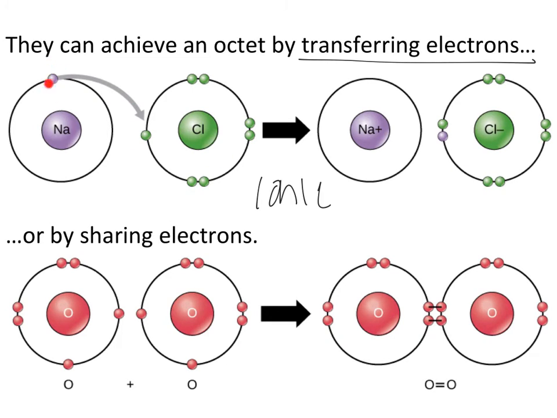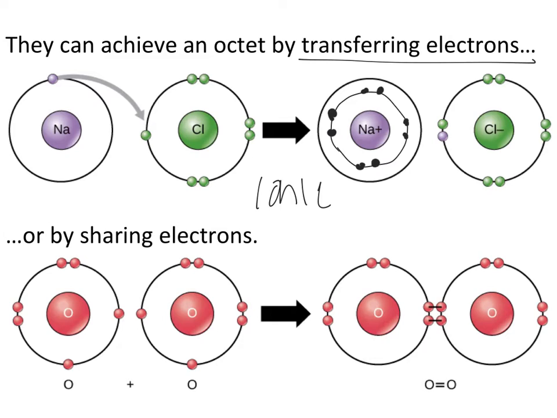You can see that the electron moves over to chlorine, and sodium has lost its valence electron, so it has a full outer shell. If we got rid of this outer shell, what we'd see underneath is 8 valence electrons. Sodium would have 8 valence electrons underneath the shell that it just lost the electron to.